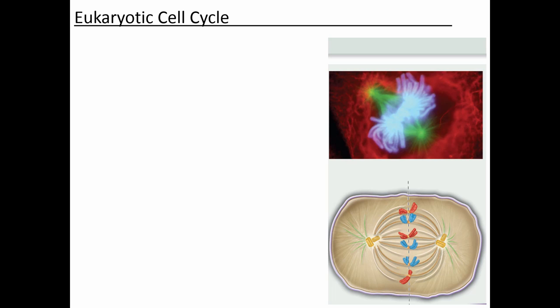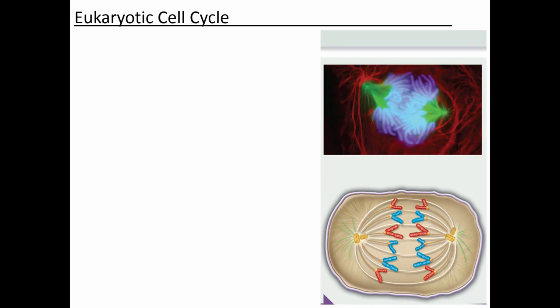Again, in the human cell, during this phase, you would have 46 chromosomes aligned down the center of the cell, and each chromosome is attached to both poles. We'll talk later on about what exactly they attach to. Then after metaphase, this is going to be anaphase.